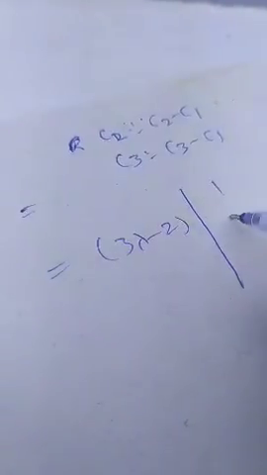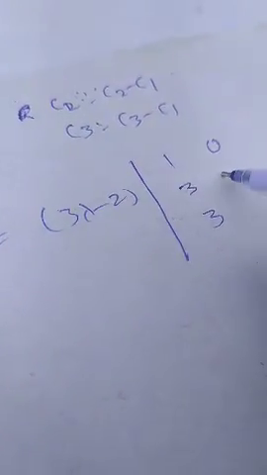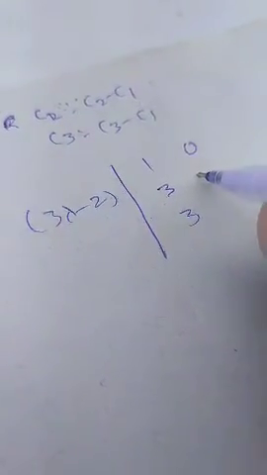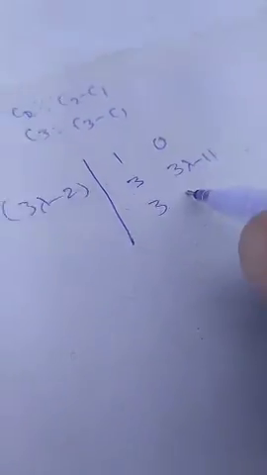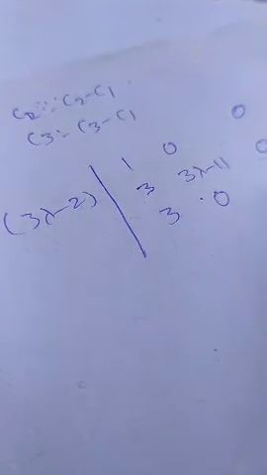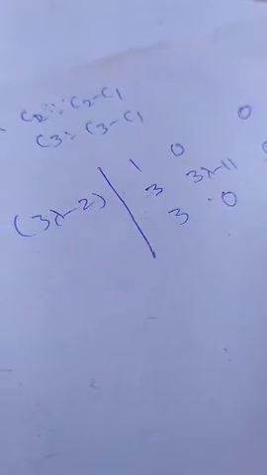So we have 3 lambda minus 2 outside. The first column stays as 1, 3, 3. Here 1 minus 1 is 0. Here 3 lambda minus 8 minus 3 is 3 lambda minus 11. 3 minus 3 is 0, 0, and 3 lambda minus 11.